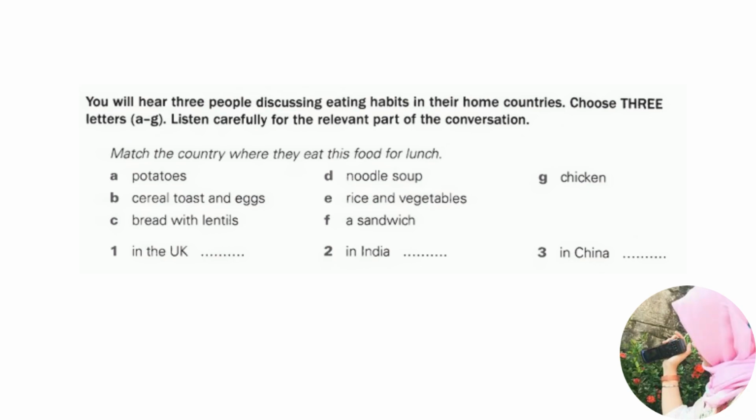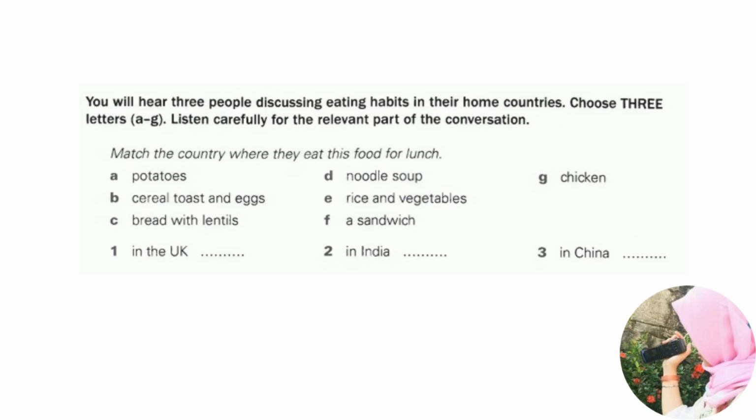Okay, guys, for this one, related to matching information material, you will hear 3 people discussing eating habits in their home countries. Actually, this exercise is included in track 29. You have to listen to the audio, but before you listen to the audio, you have to check the question first.